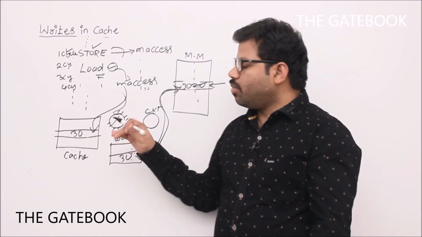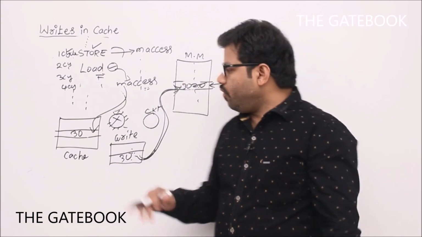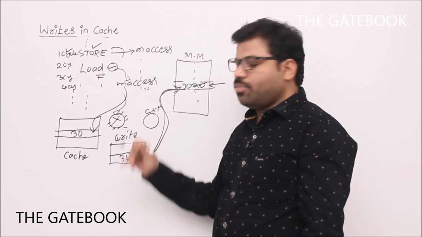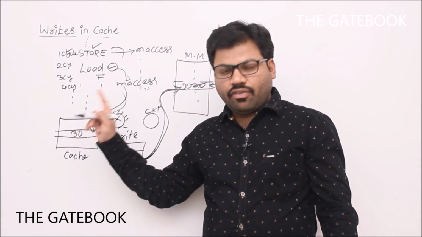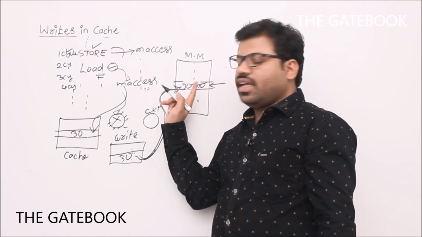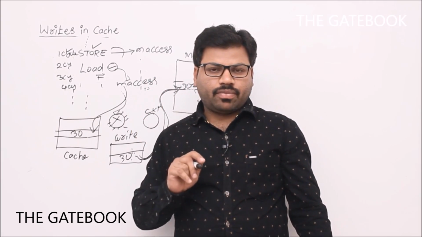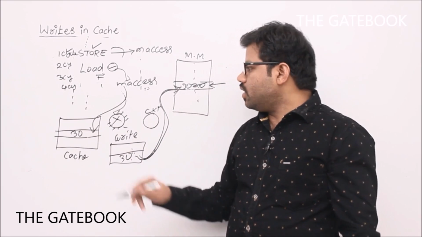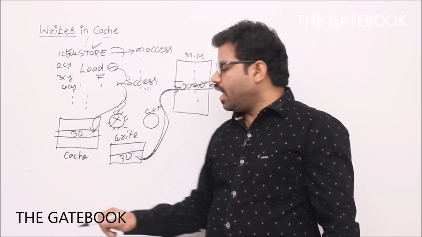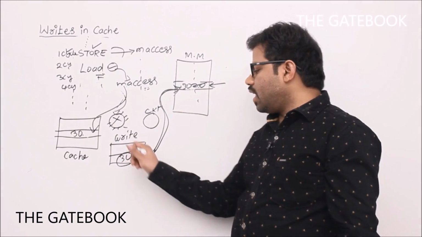Now the important points about the write through procedure. If you have only write through without a write buffer, then we write the data into the cache, and if there is a cache hit, immediately we write to main memory as well. If it is write through plus write buffer, we write only in the cache and temporarily keep the data in the write buffer.